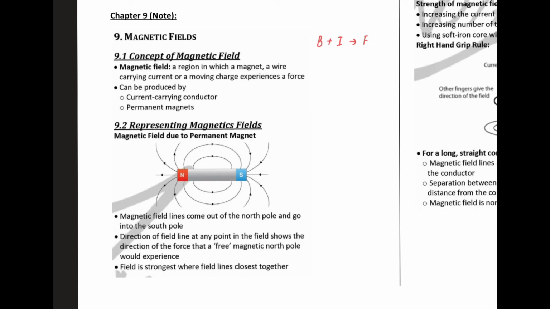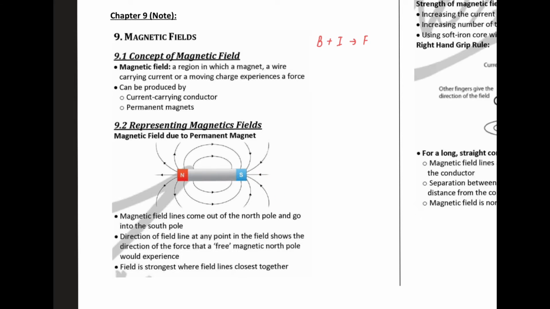Okay, now let's see the next point. Magnetic field lines come out of the north pole and go into the south pole. So as you can see here, they come out from the north pole and then go into the south pole.